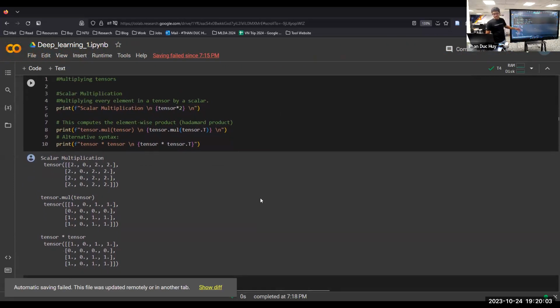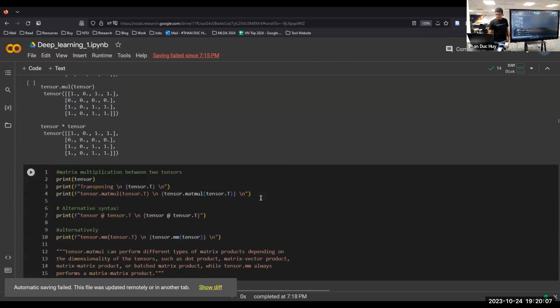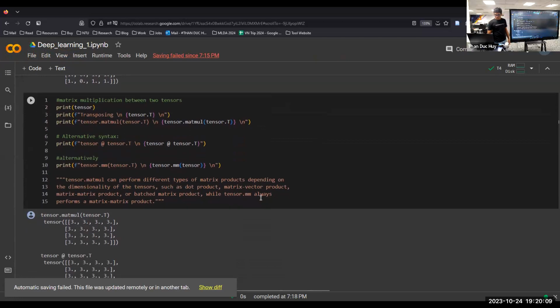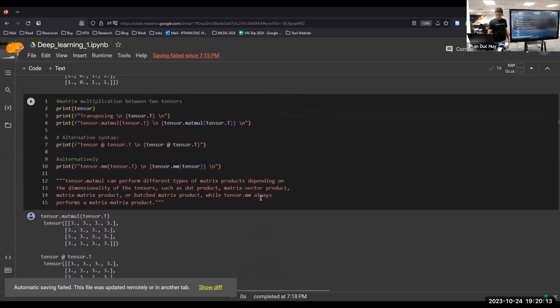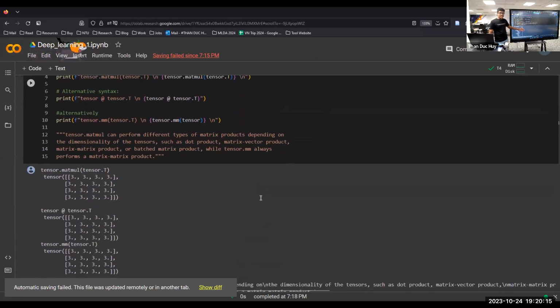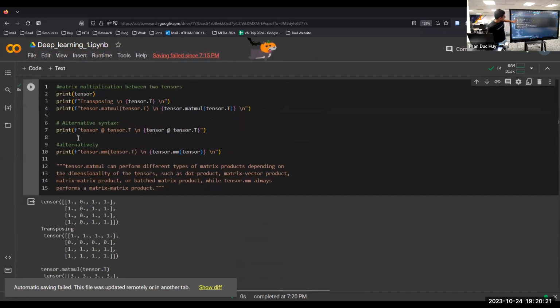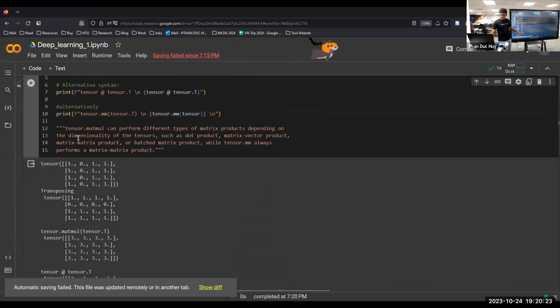The second operation is essentially the same, an alternative way of doing the same thing. And this one is essentially the matrix multiplication that I've talked about before. These are the 3 different ways of doing that.